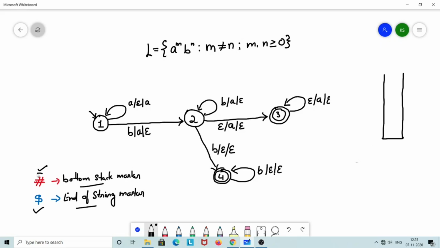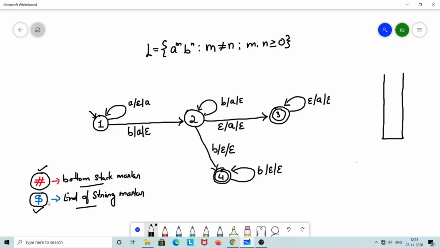Initially we will push hash onto the stack before encountering any A's. Then we'll append dollar at the end of our string to make sure that the entire string has been read. These two symbols will act as a guiding point in determining whether I have more A's or more B's.